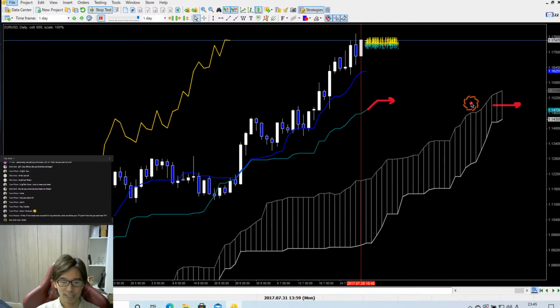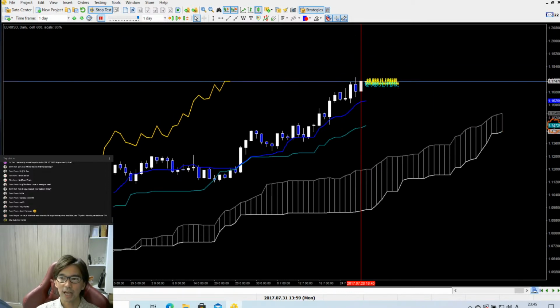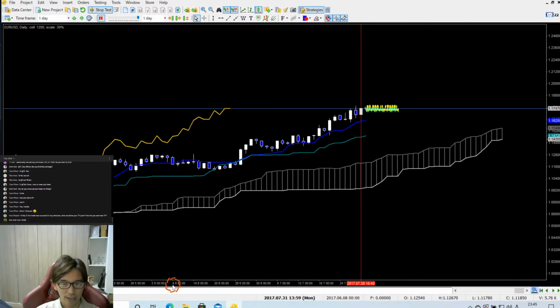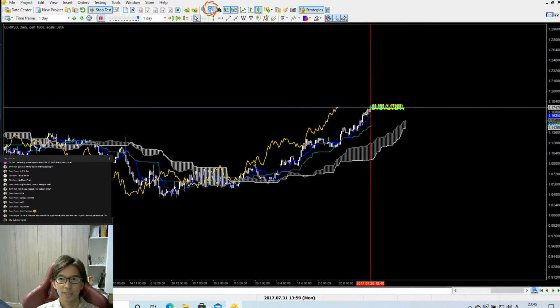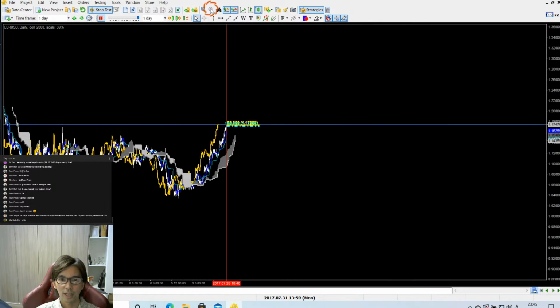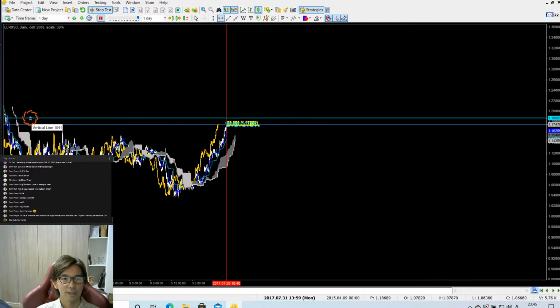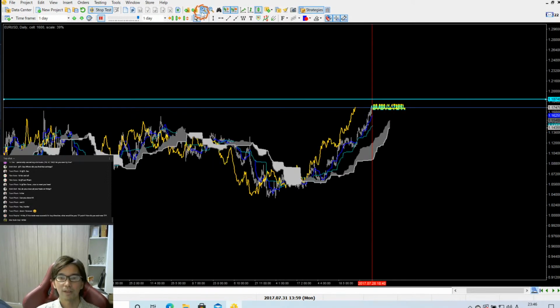That will be my target. And also as for a fixed target, I will take the previous high on this daily chart. If I can squeeze the chart and look for the previous high, that will be somewhere like over here. There's a little tip over here as a previous high.